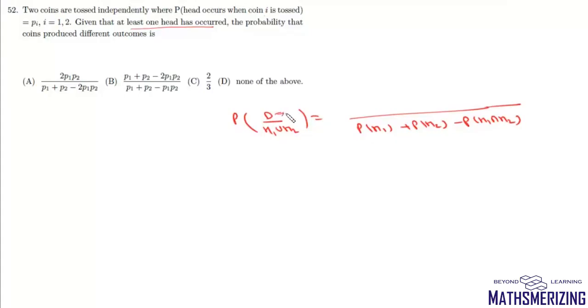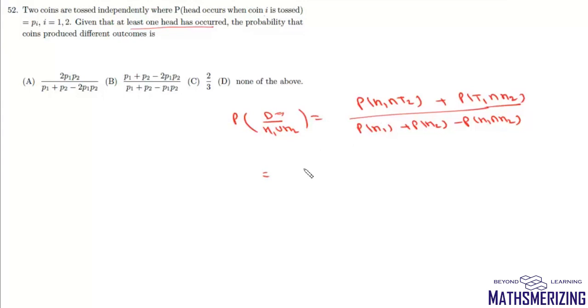Now, what is the probability that the coins produced different outcomes when at least one head has occurred? So either it could be first is heads and second is tails, or first is tails and second is heads. Now these probabilities are independent.